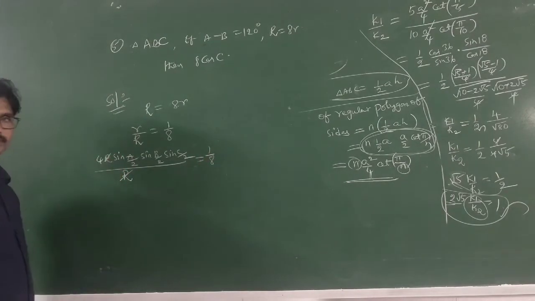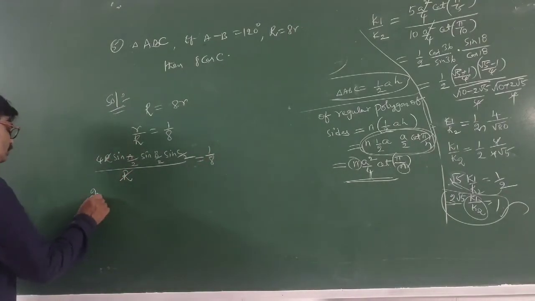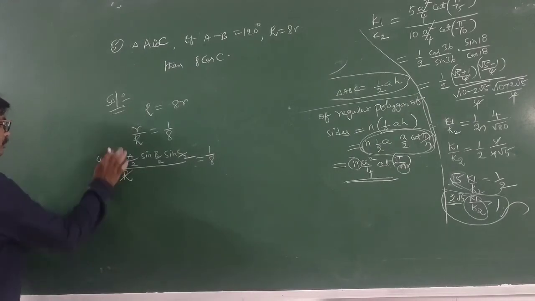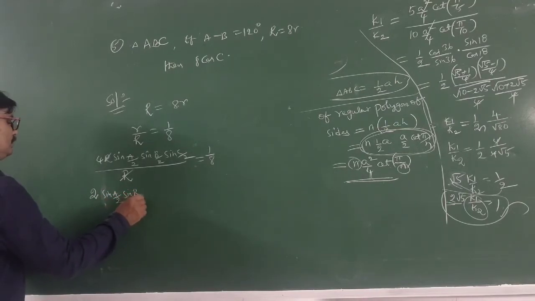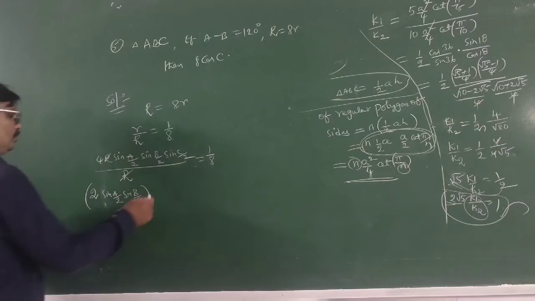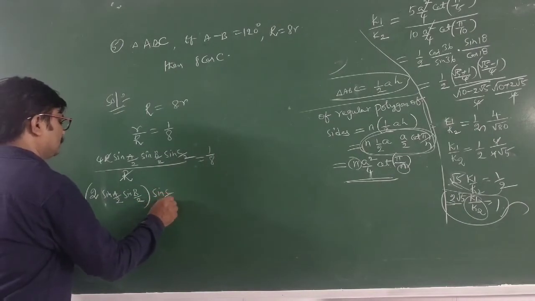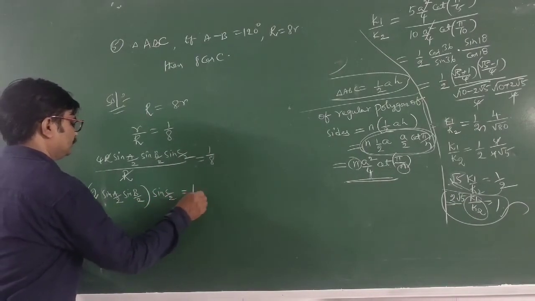R will cancel. How to write this? 2 into 2 sin A by 2 into sin B by 2, therefore we can write it as 1 by 16.